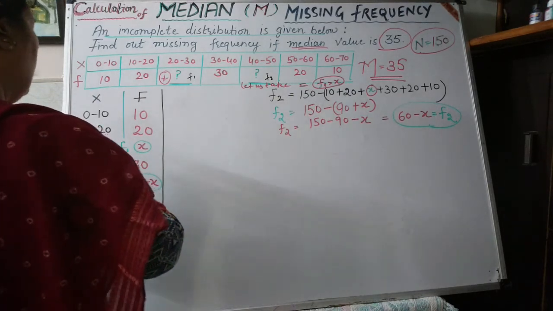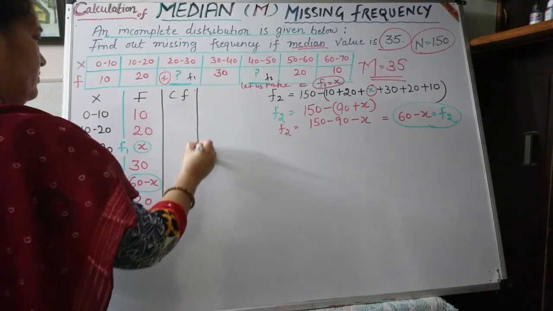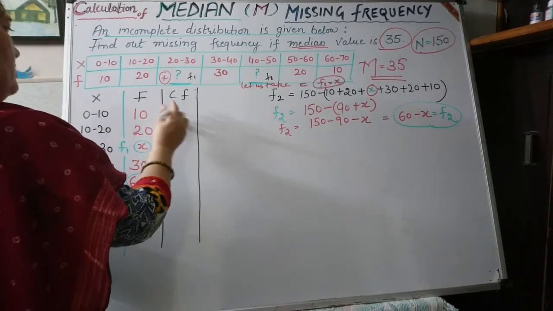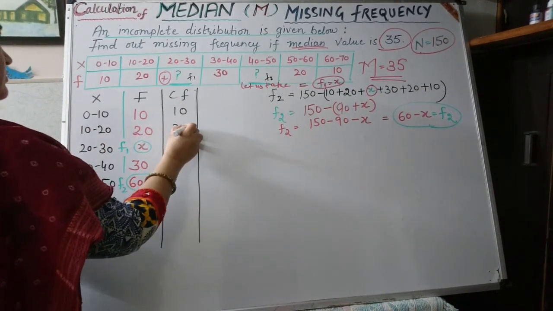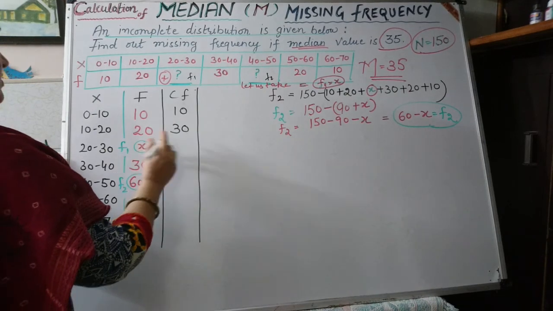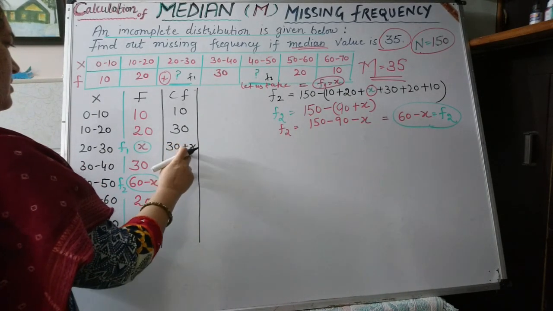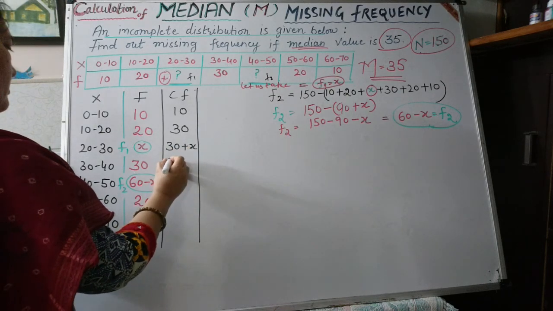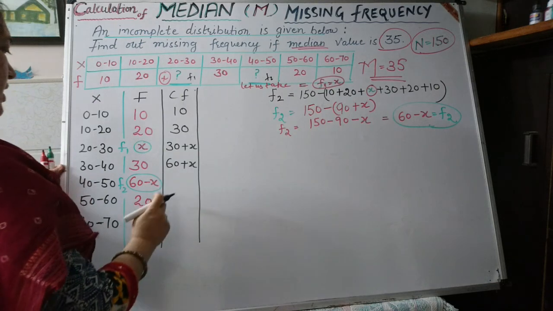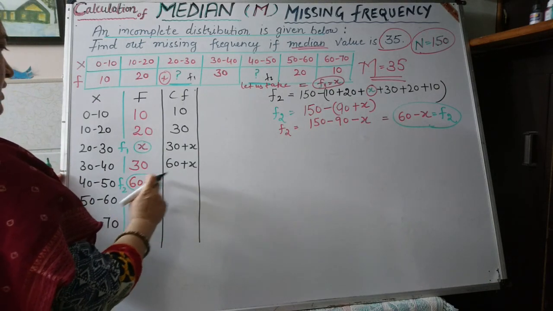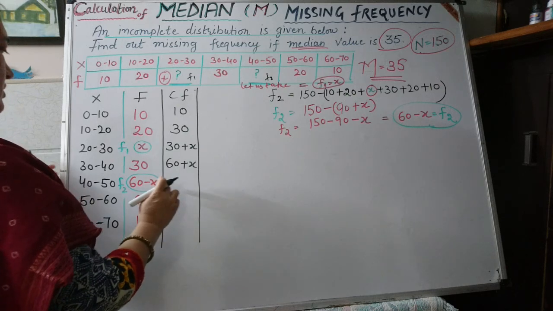Now let us prepare a cumulative frequency with the help of this given data. First 10 plus 20, 30. 30 plus x. 30 plus x plus 30, 60 plus x. And for further calculation, 60 plus x plus 60 minus x.